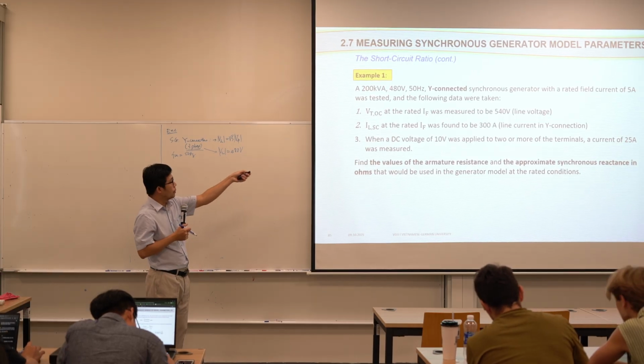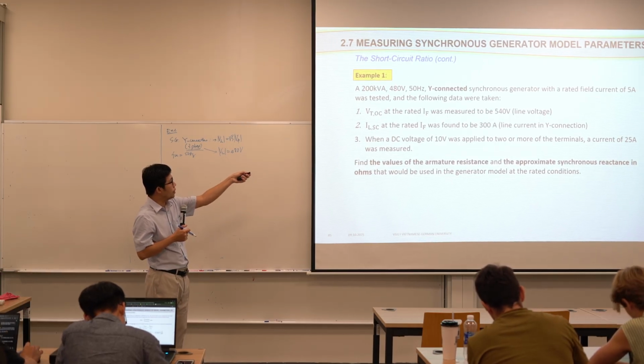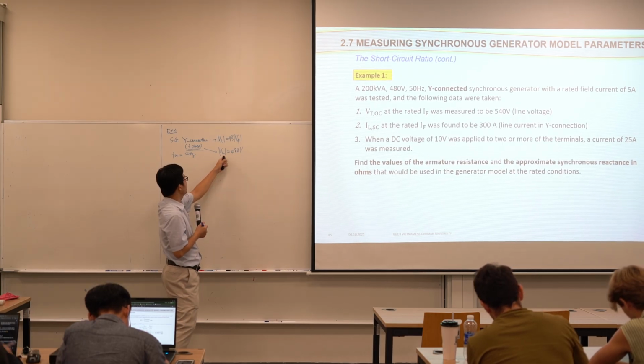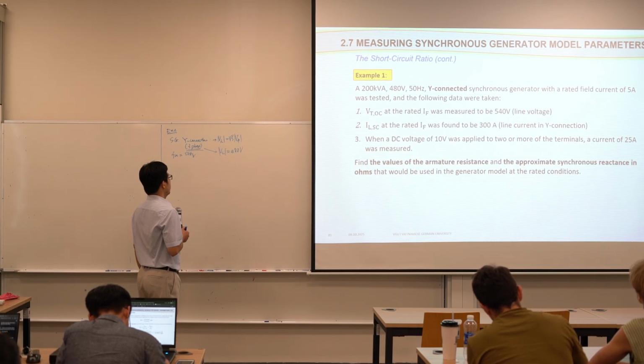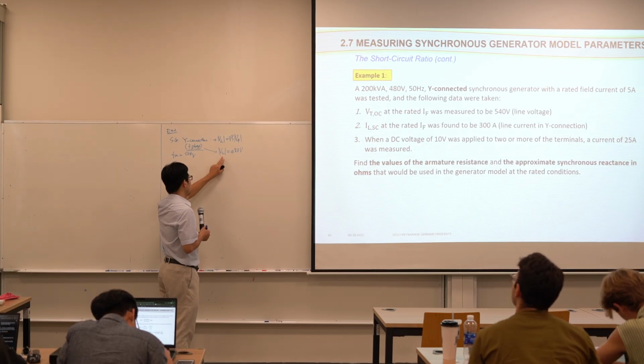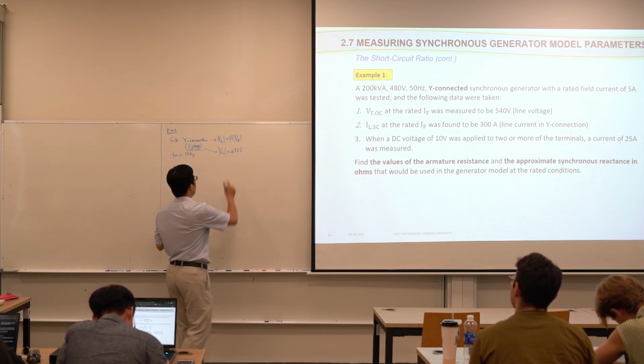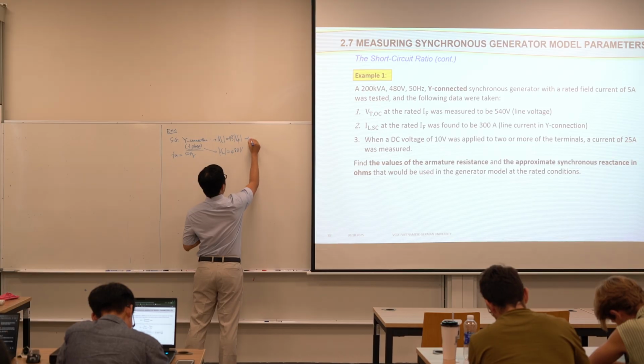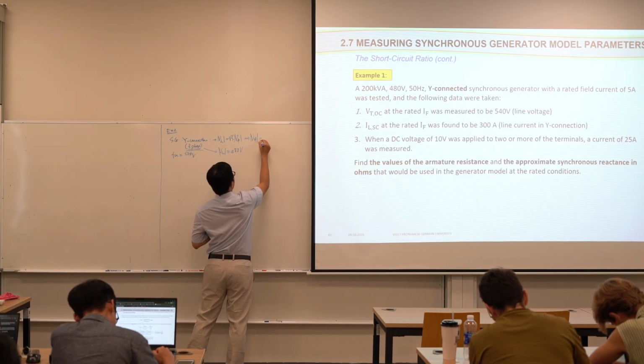So please remember that the voltage given here is always line voltage. If you say it is phase voltage, we fail this course. So here we have VL, so you can calculate directly the phase voltage, right?